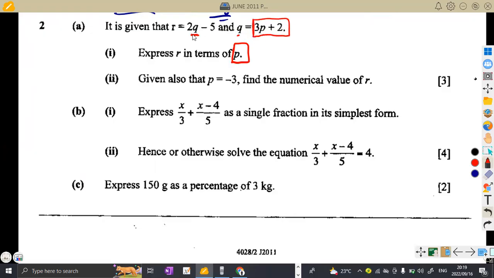So in place of Q here, you are going to substitute Q, which is equal to 3P plus 2. That is what they are trying to say in terms of, which means your answer must have P.